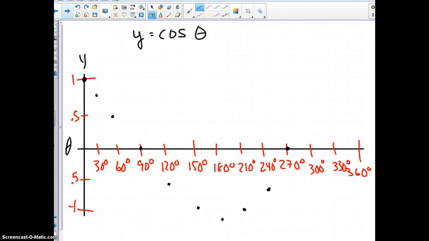And then, as you can probably guess, the next one is going to be +1/2. After that, we're at +0.866, and then all the way back up to 1. So the cosine function starting here, again, is a curve.